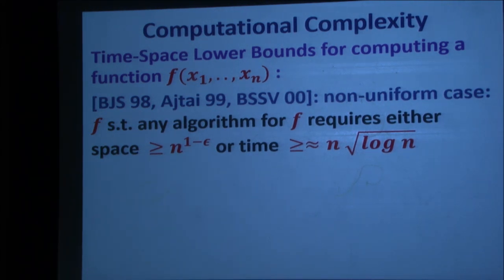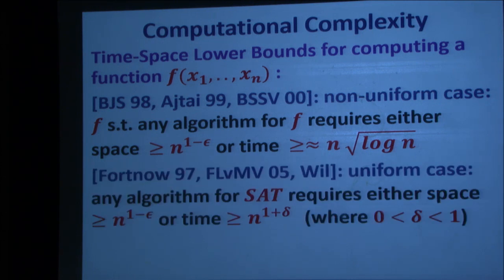So this is one line of works, and another line of works studied the problem in the uniform model for Turing machines, and this started by a great result of Lance Fortnow in '97. Was improved in many follow-up works. These are only some of them.